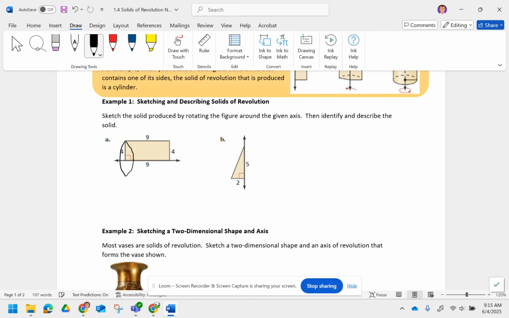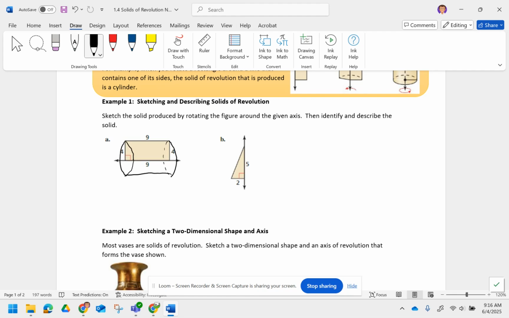Same thing there again. Half circle coming down. Now this one, because I'm just imagining the shape that would be behind, I'm going to draw as a dotted line, and there I have my cylinder.